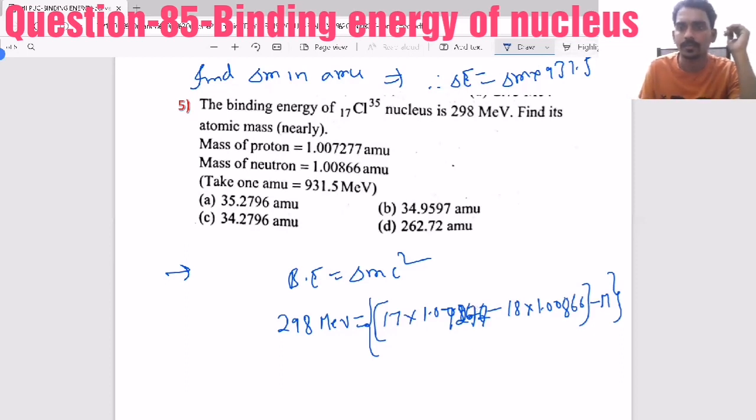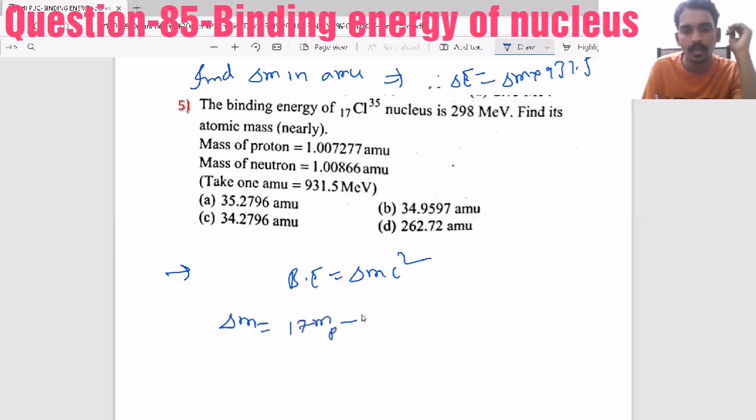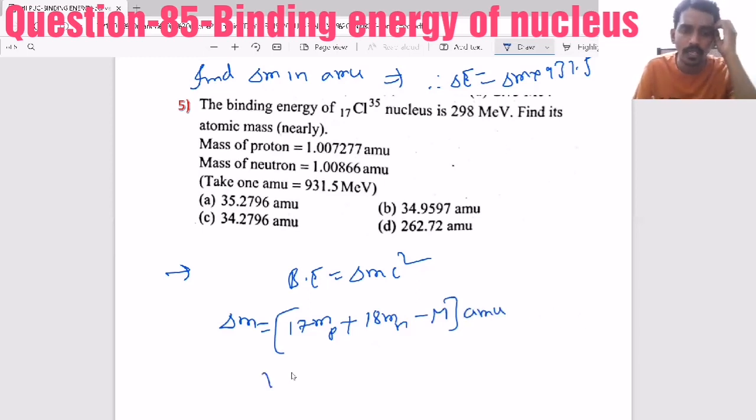Or else you do one thing in a simple manner. So you just take delta M directly first. So delta M how much? 17 Mp plus 18 Mn minus M. This is the delta M. In terms of AMU you take. Now 1 AMU means 931.5 mega electron volt.